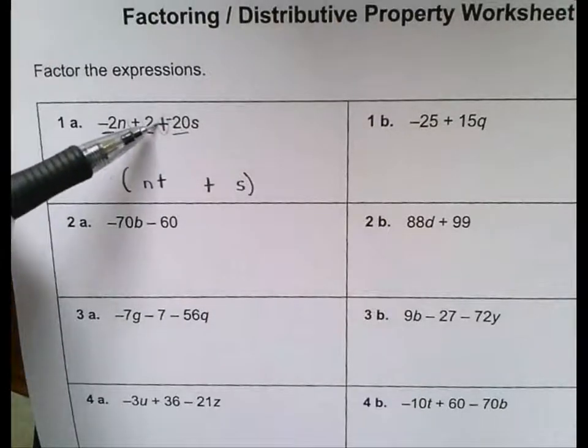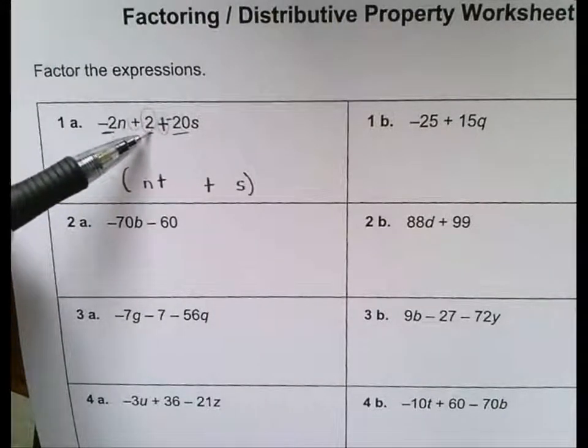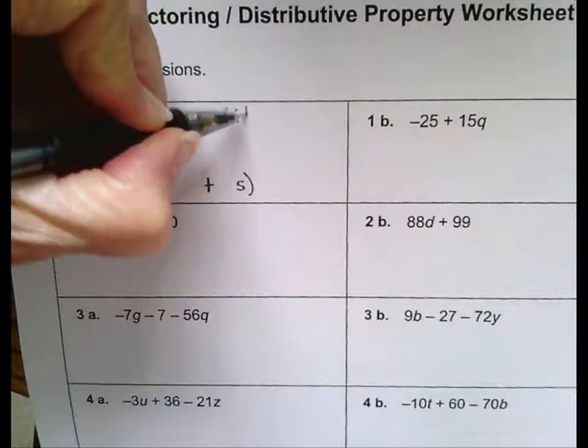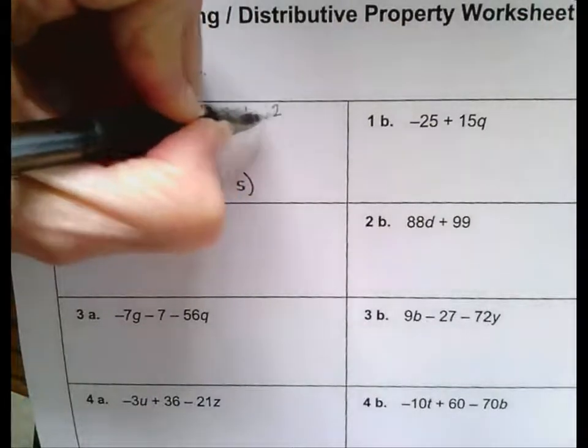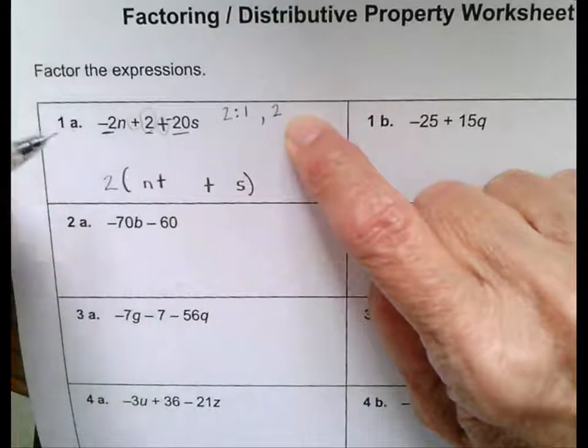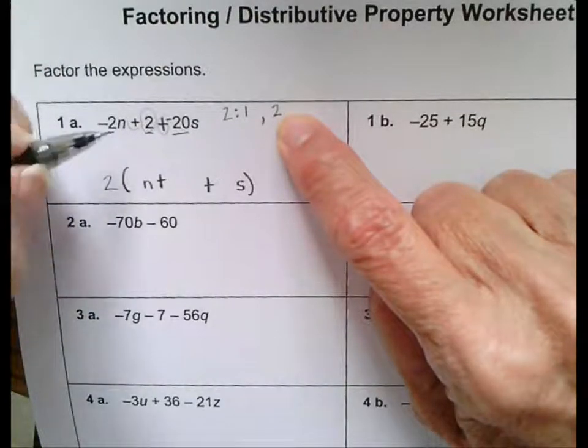So because my smallest number here is 2, and I only have 2 numbers that are factors of 2, I know my greatest common factor is 2. So I'm going to put that out here.